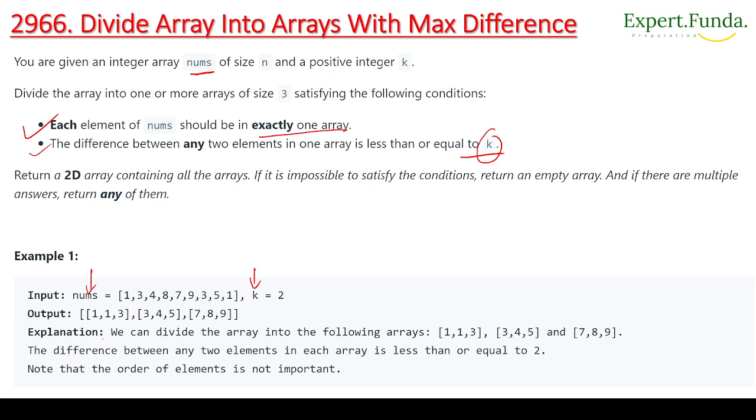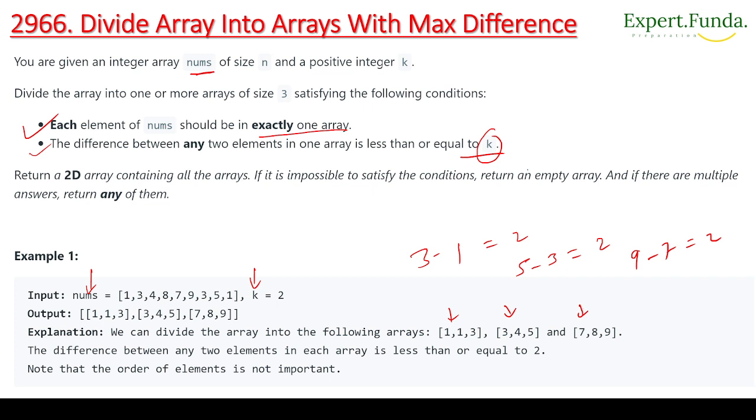You can see the explanation is saying we can divide the array into the following arrays: 1 1 3, 3 4 5, and 7 7 8 9, because the difference between any two elements in the array is less than or equal to 2. If we take 3 minus 1, it will be 2. 5 minus 3 will be 2. 9 minus 7 will be 2.